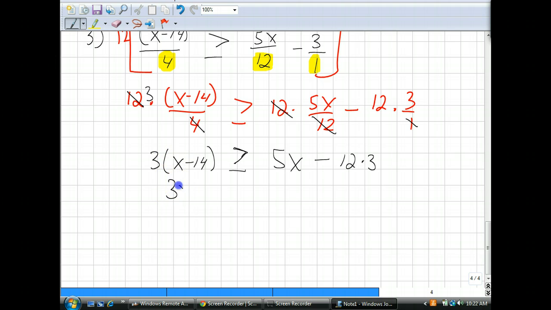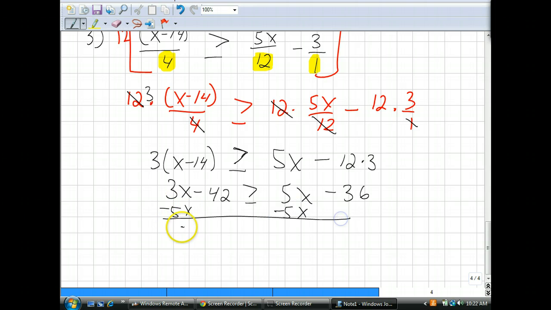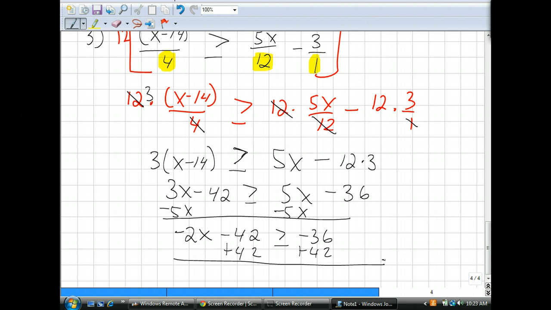Distribute the 3 here, so that's 3x minus 42. Okay, move my x's to the left-hand side. Add 42 to both sides. And we're going to get negative 2x is greater than or equal to positive 6.